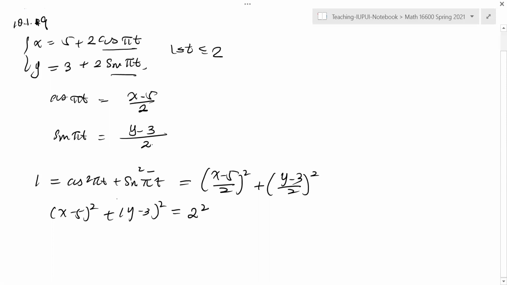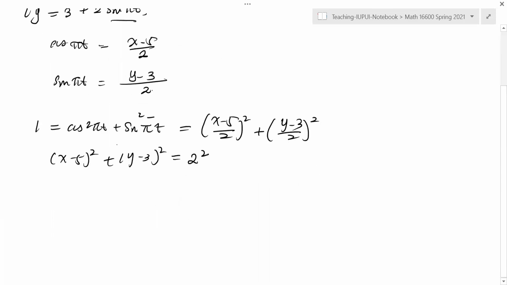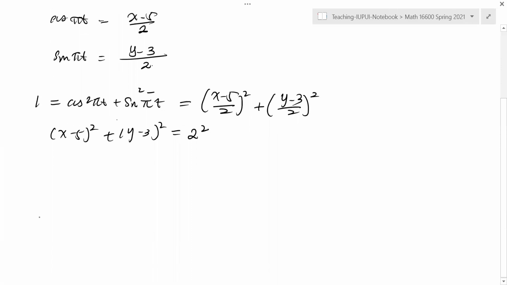So this is a circle, part of the circle at least, with center at coordinates 5 and 3, and radius 2. The question is where's the starting point?